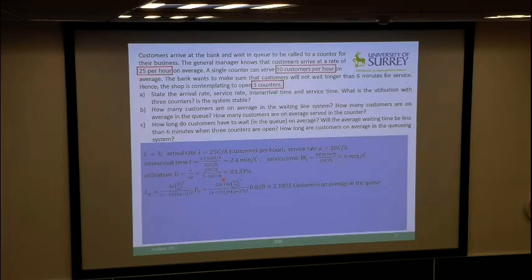Okay, and now the next one, we're going to move into the customers. How many customers on average in the waiting line system? For this type of question, we should have these equations and LQ given. LQ is the average number of customers in our queue, and we know the arriving rate, service rate, number of servers, and also P0.